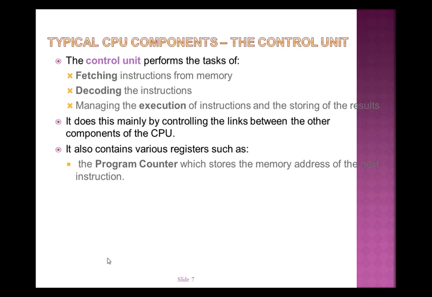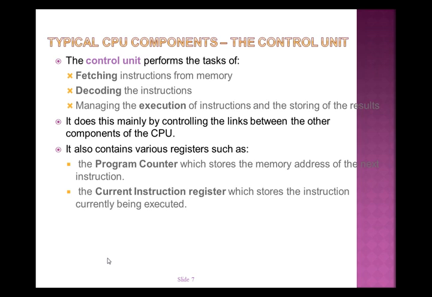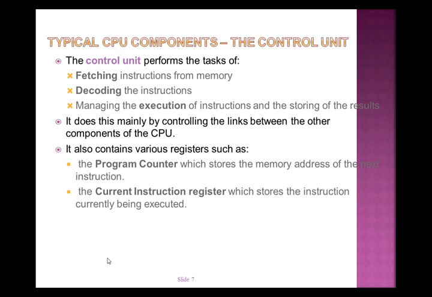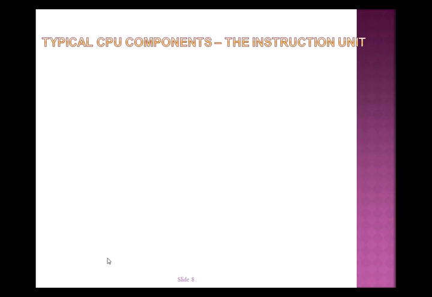Then another register in the control unit is the current instruction register, which stores the instruction currently being executed. PC for the next instruction, current instruction register for the current instruction. So these are the control unit elements available for enhancing the program performance.